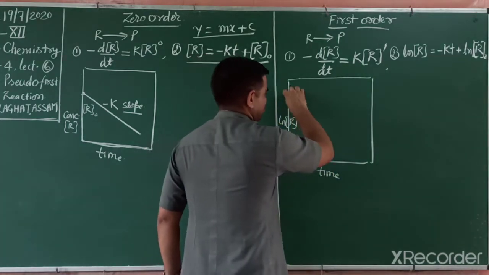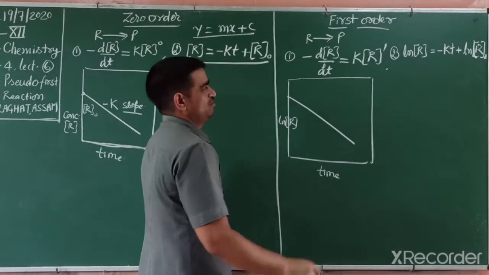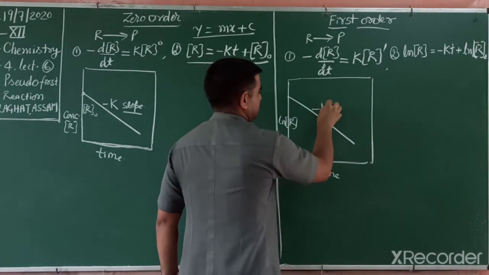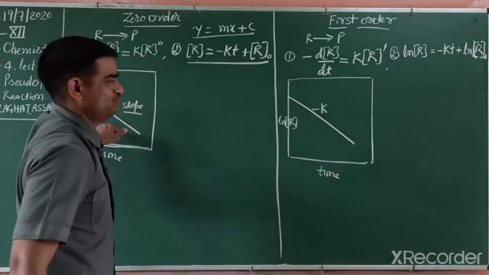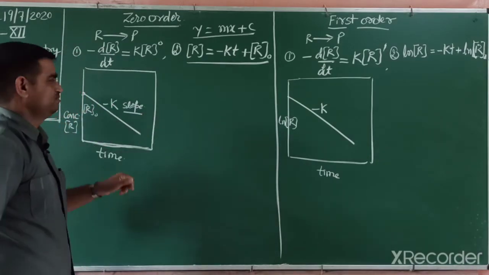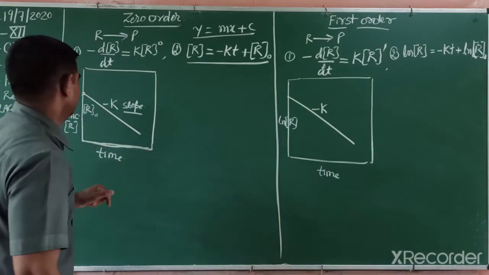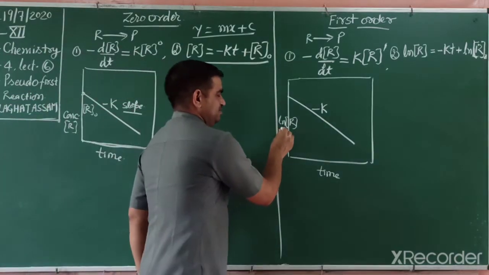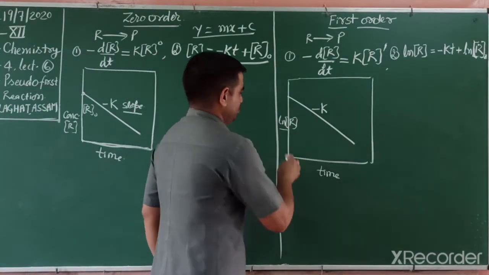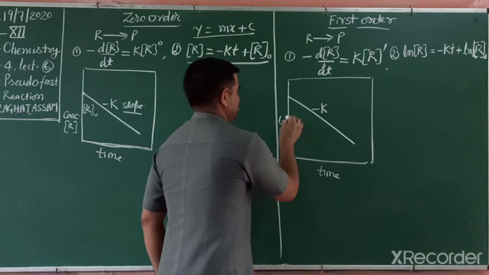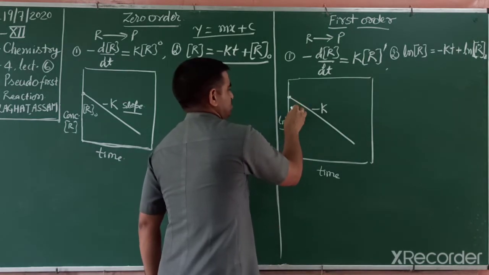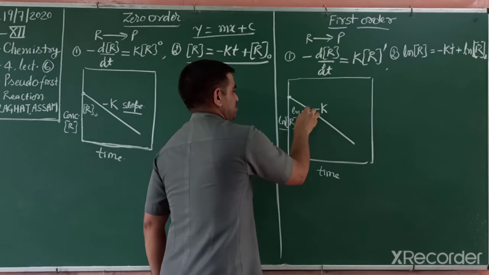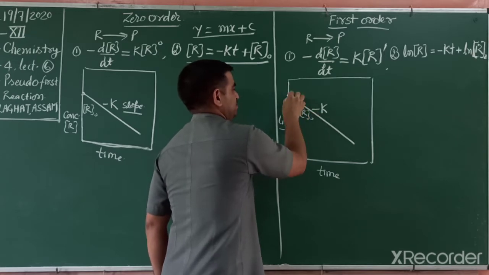So that also gives a negative slope, and this is k. For first and zero order integrated rate equations, the graph is the same, the only difference is that in first order there is a natural log of concentration, and when time is 0, the intercept is ln R naught, the minimum concentration, that point.